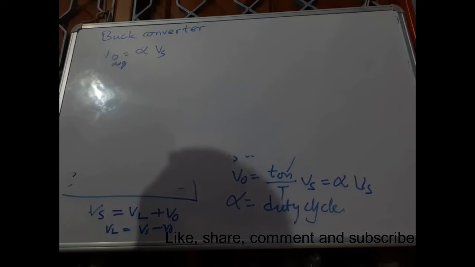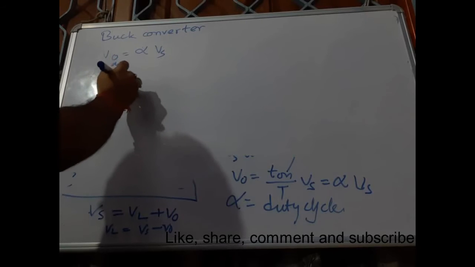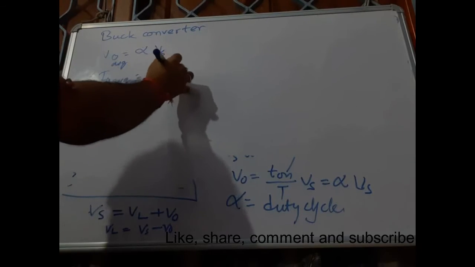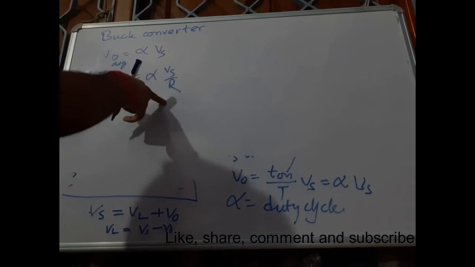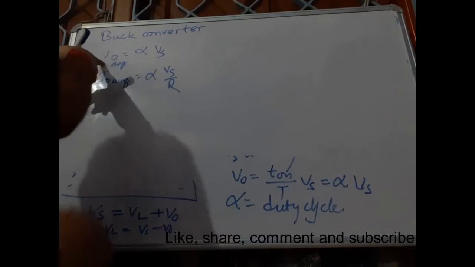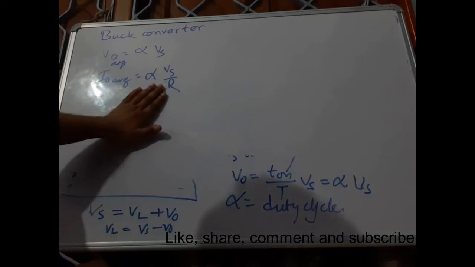Now then what will be average current output? Average current output will be alpha Vs by R, as the load is resistive, V naught average divided by R, so alpha Vs by R, right?